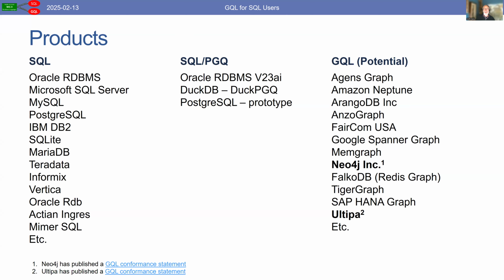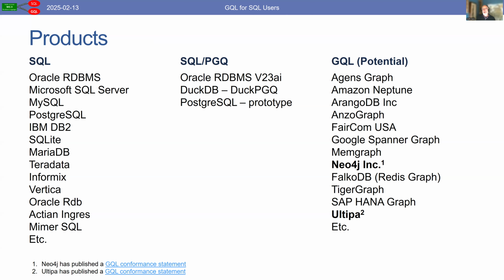Oracle version 23 AI implements significant portions of the PGQ specification. Not quite everything yet, but significant portions. There's a database out of the Netherlands called DuckDB, and there is an add-on, DuckPGQ, for DuckDB. For PostgreSQL, there's a prototype PGQ implementation. I haven't actually played with that yet.